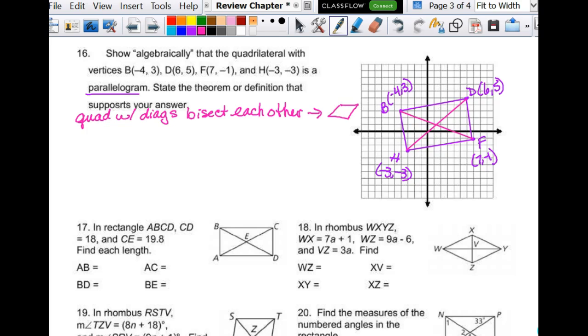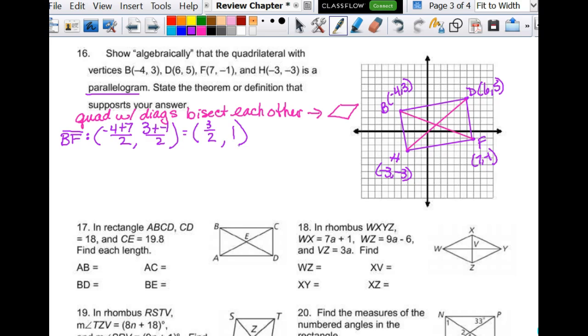So midpoint of BF, that's going to be -4 plus 7 over 2, 3 plus a -1 over 2. So that's going to be 3/2, and then 1.